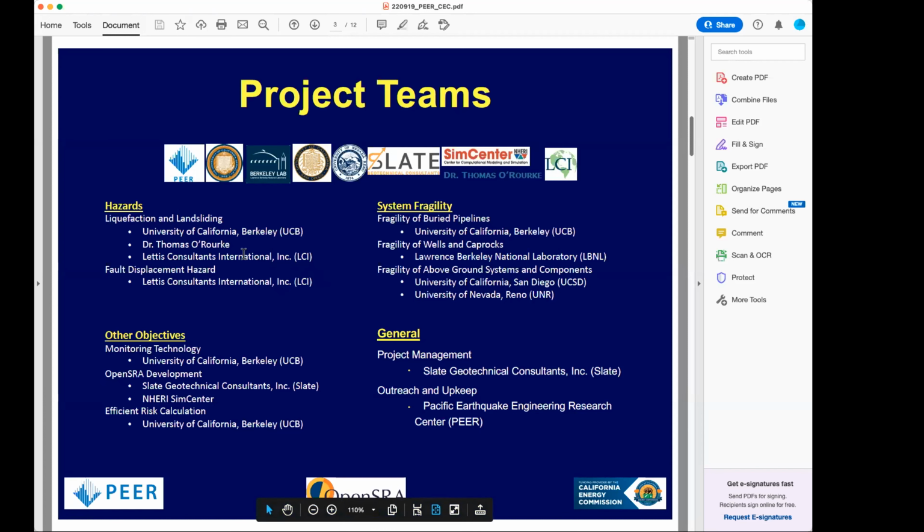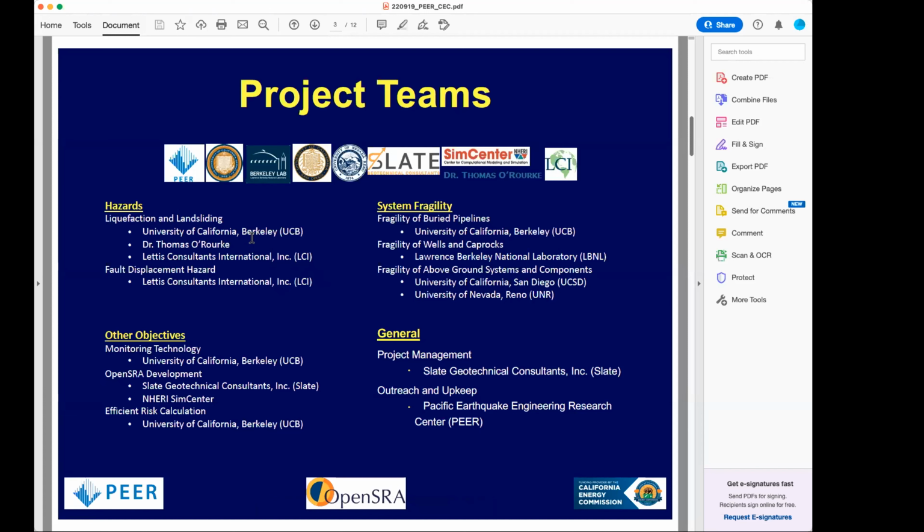On the hazard side, we have John Bray, Tom O'Rourke, and some folks from LCI working on liquefaction, landsliding, and fault displacement hazard. On the system fragility side, we have John Bray and his grad students looking at the fragility of buried pipelines. I'm assuming because we're all PEER people, we know that when you list the professor, the grad students are the ones doing the work.